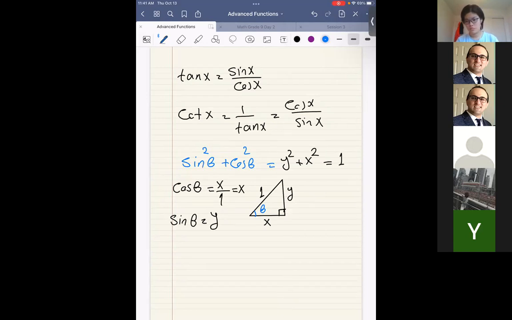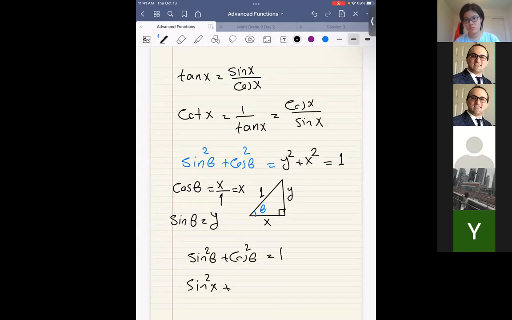So that's the most important identity that you should know: sine square theta plus cos square theta is equal to 1. And you can write x, it doesn't matter. The x or theta are variables.